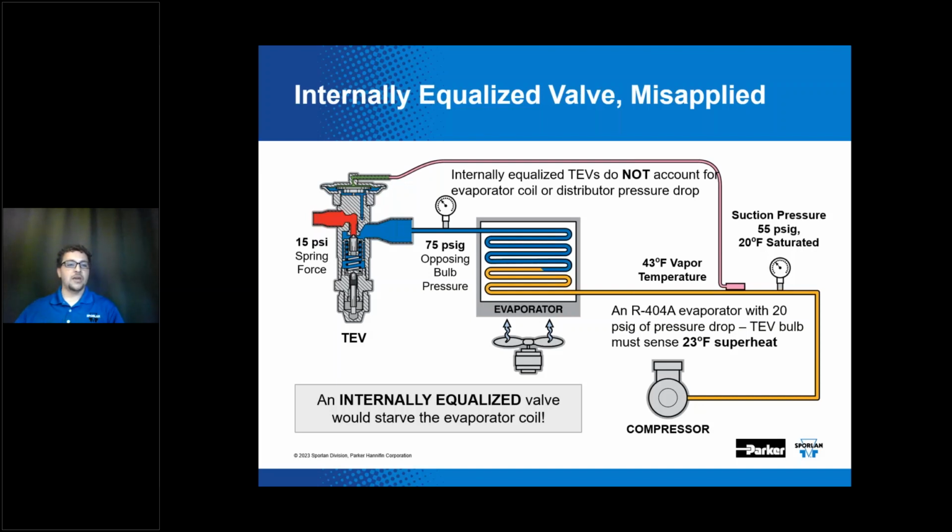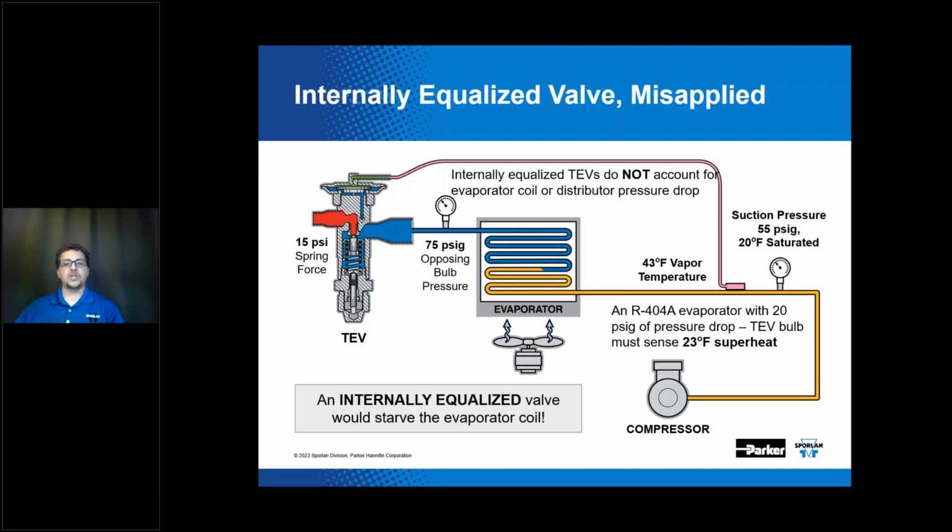And then certainly if you have a system that has a distributor, it's essential for the distributor to have a significant amount of pressure drop across it, or you're not going to have good distribution of liquid to all the circuits of your evaporator.